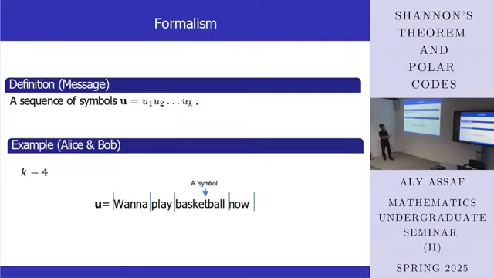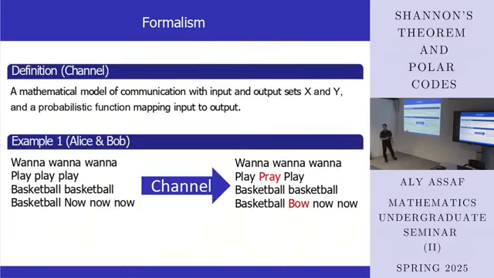Well, what we've learned so far is messages. A message is just a sequence of symbols, where these symbols come from some fixed alphabet. In the case of Alice, this consists of 4 symbols, so we will define the variable k as the length of our message, which is 4. We also learned about the notion of a channel.